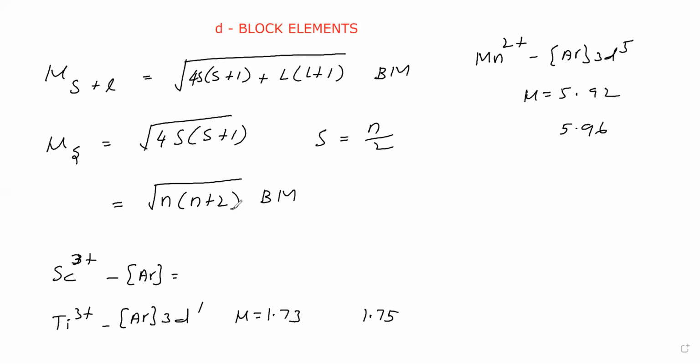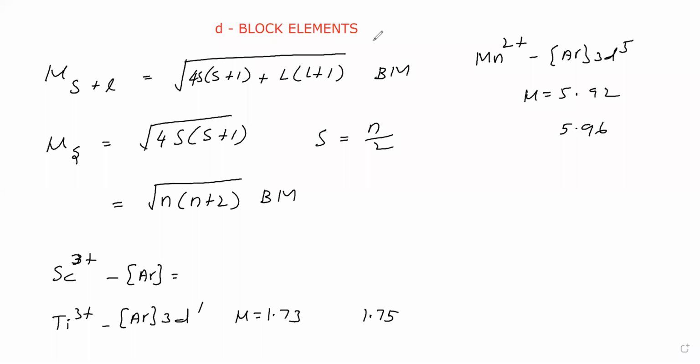That means we can use this formula. It indicates that orbital contribution is negligible, spin contribution is considerable. So to calculate magnetic moment, we can consider spin contribution alone. Orbital contribution we can neglect.